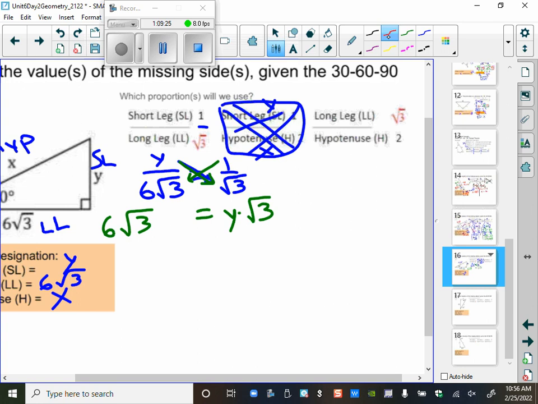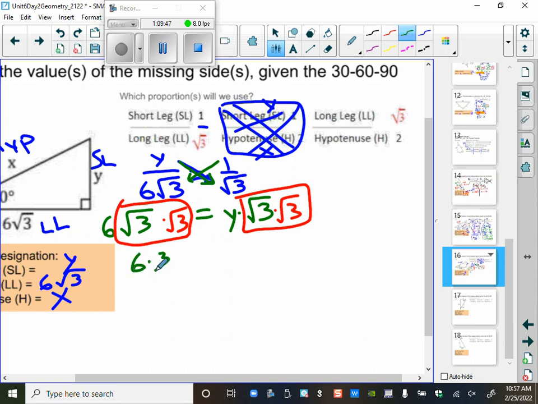We want to get rid of the radical, right? Because really, what's going to happen here, and what's going to happen here? They're just going to convert themselves to 3. So really, you have 6 times 3 equals Y times 3.